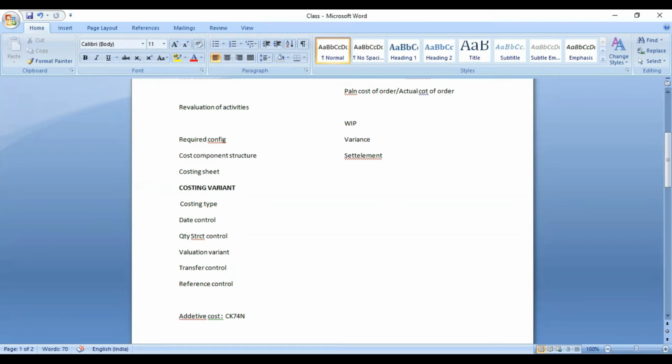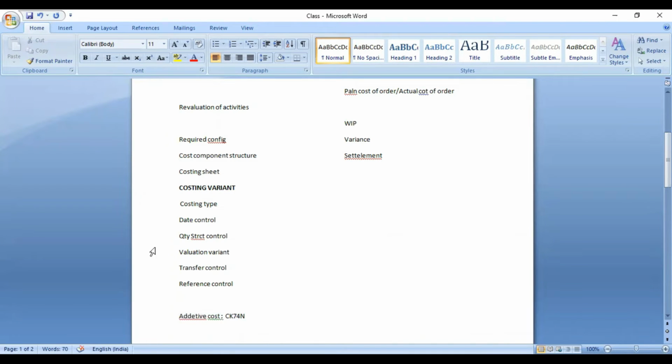CK74N is the transaction code for the additive cost functionality. It is similar to a costing sheet, but it is not a costing sheet. It will not come under the costing sheet. This comes under the indirect overhead calculation.